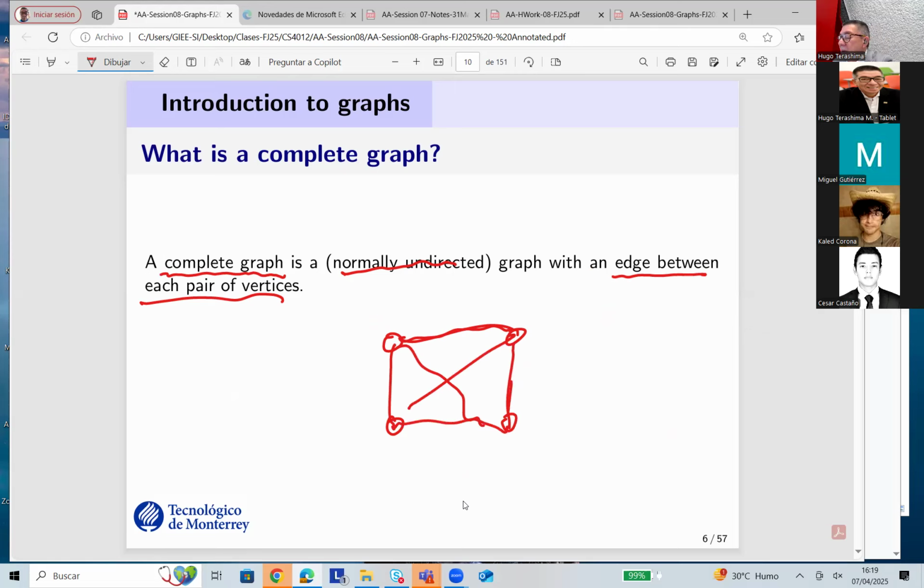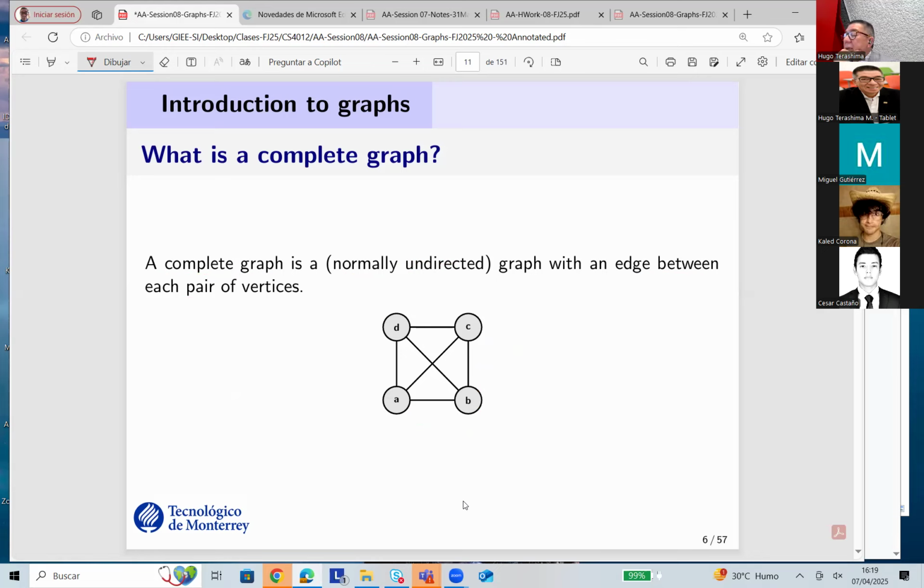That one, and that's it, right? What is important here is to count, for example, the number of edges in a complete graph. What is the number of edges for this graph?